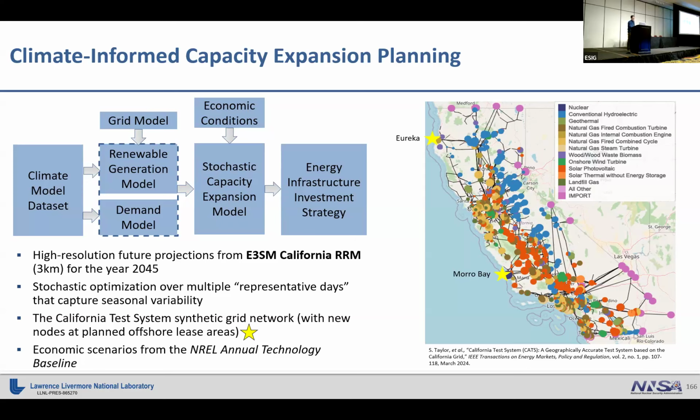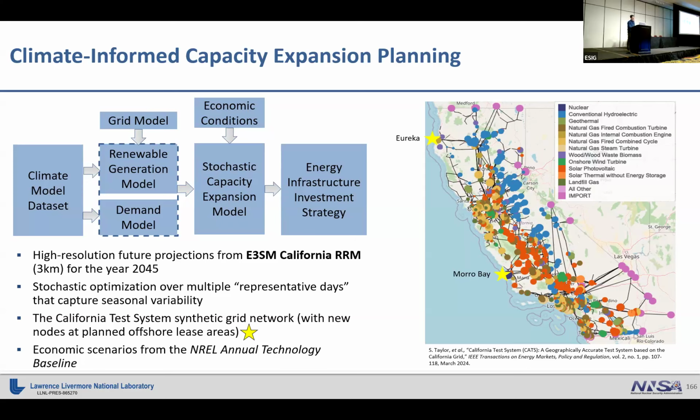And then we also include economic scenarios from the NREL Annual Technology Baseline. So we're looking at different cost predictions for how much it will cost to develop offshore wind in California.